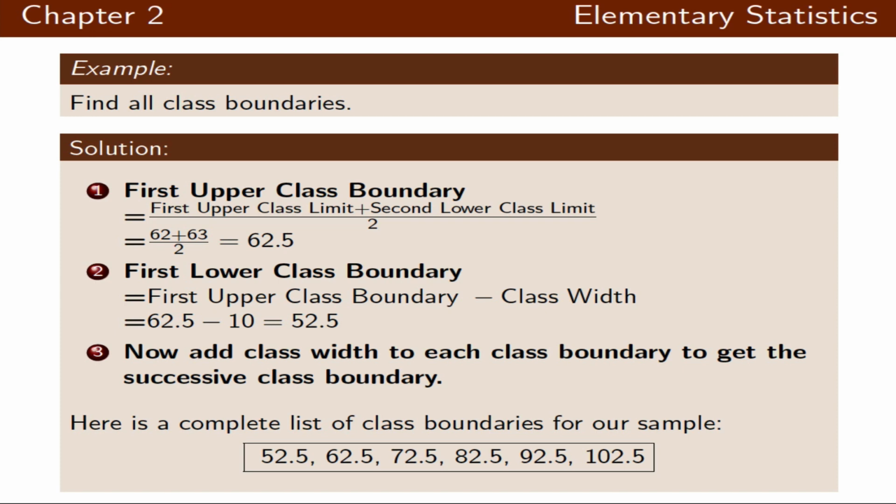So since we have the lower class boundary 52.5 and upper class boundary of 62.5, now we can keep adding the class width of 10 to get a complete list of the class boundaries for our example. So let's update our frequency distribution table.